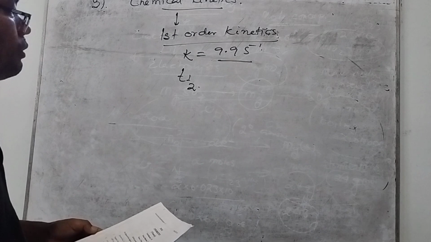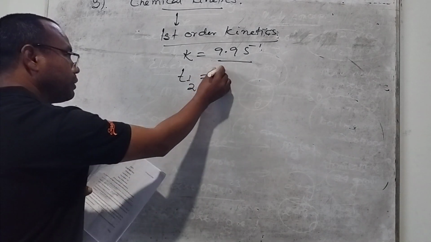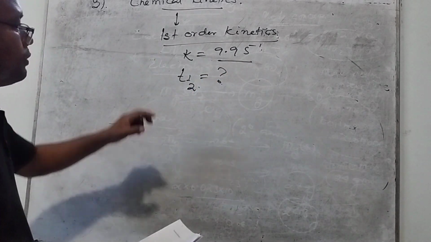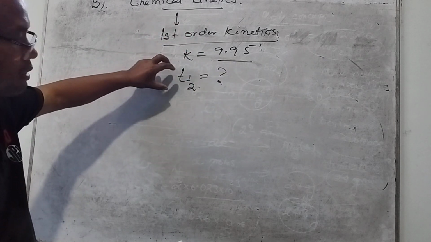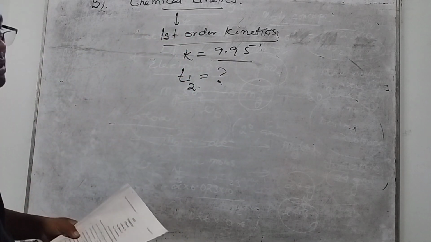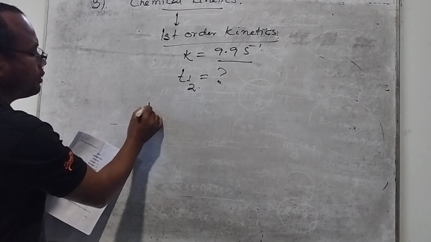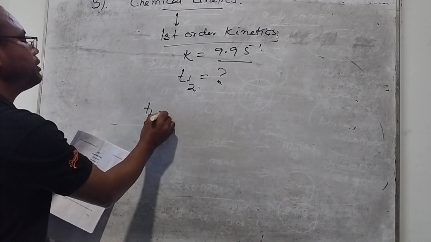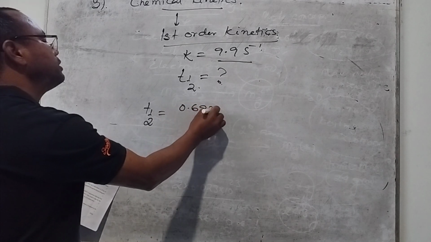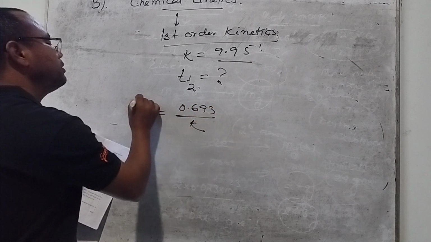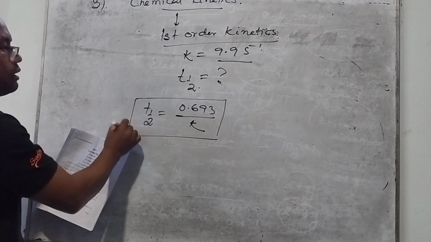Now the half-life period. For first order kinetics, what is the half-life period as a mathematical equation? For a first order reaction, half-life period equals 0.693 divided by k. This was our mathematical equation.